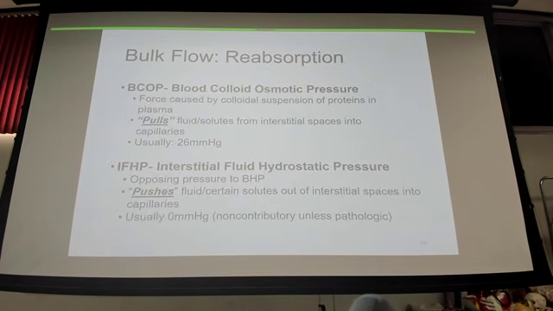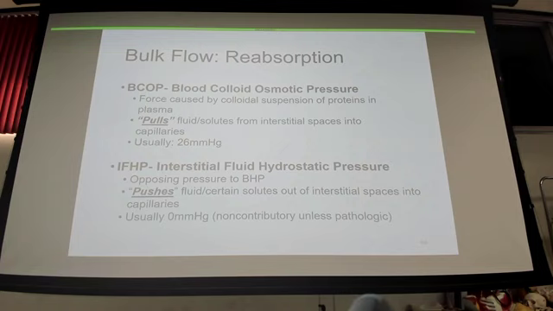All right, now we're switching to movement back into the vessel. Okay? So filtration was movement out of the vessel. Now we're talking about forces that can put stuff into the vessel. Okay? Reabsorption back into blood flow.